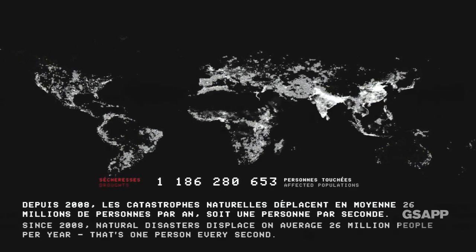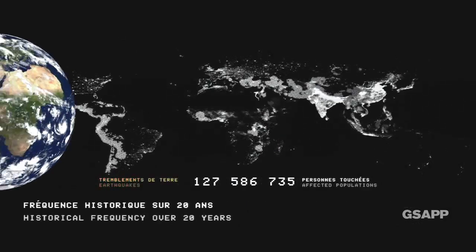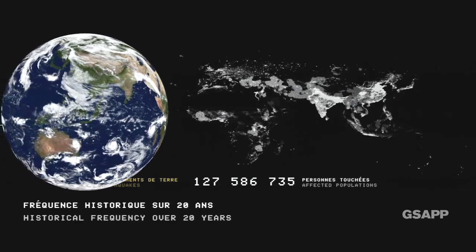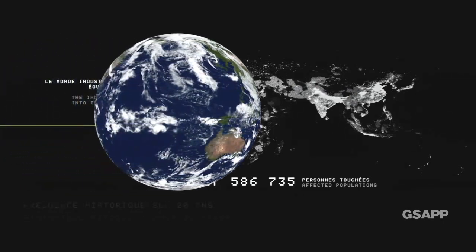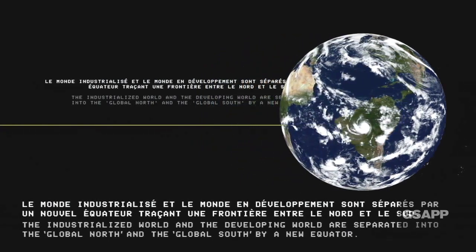We used the Gridded Population of the World, and then we used a database called MDAT, which records people who had been affected by the flood and overlaid it onto that data set.